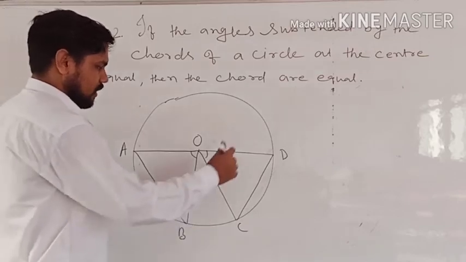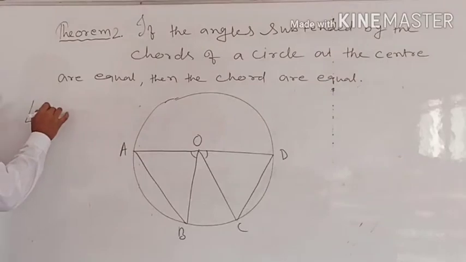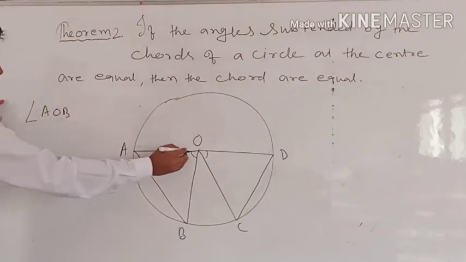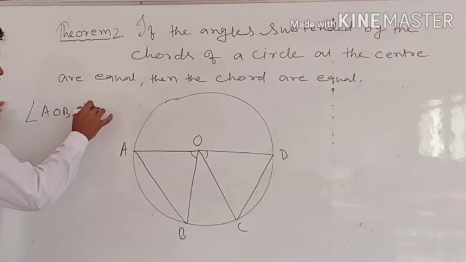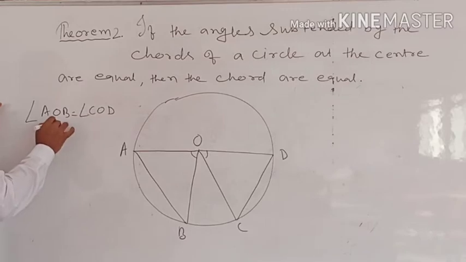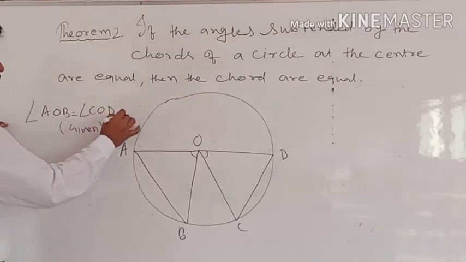So it is given in the question only that angle AOB is equal to angle COD. So one angle is equal.